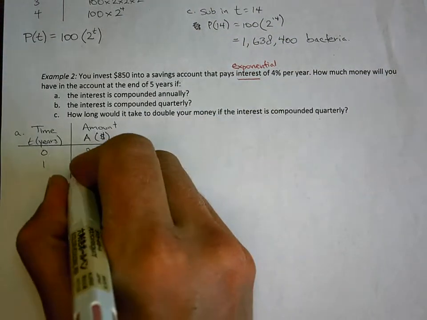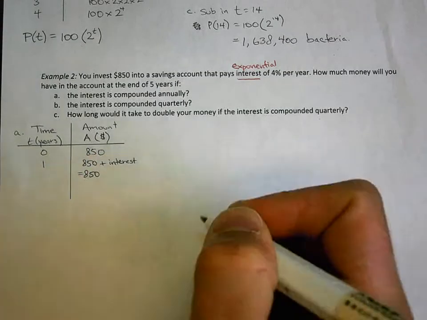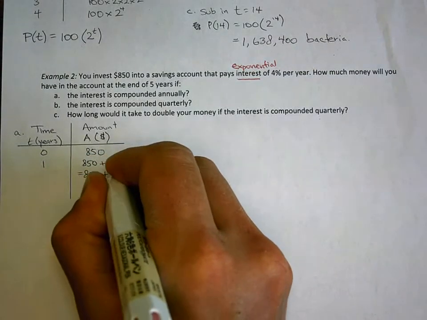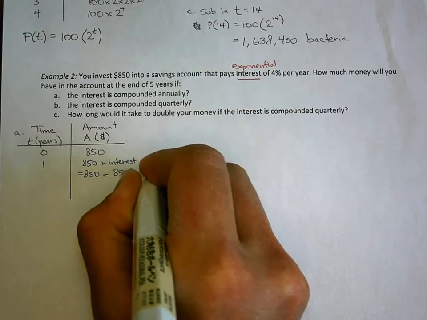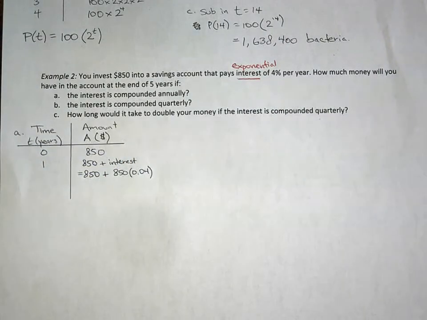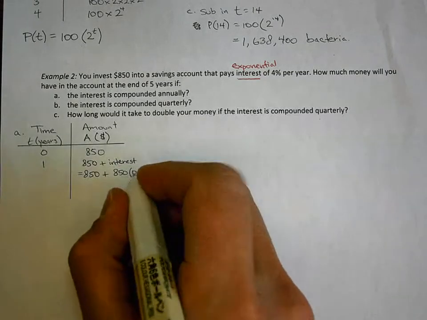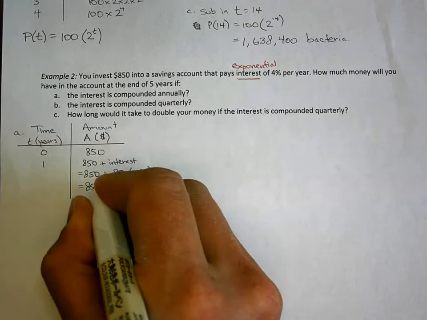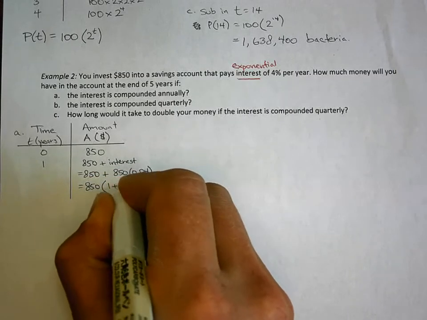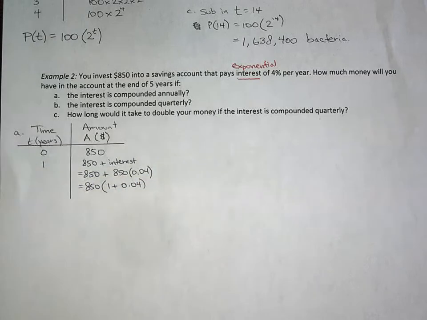So in other words, I have 850, that's how much I have in my account, plus 4% of 850, so 0.04 times 850. The other way you could write this is you could factor out the 850, so you'd have 850 times 1 plus 0.04. And that's at the end of first year.